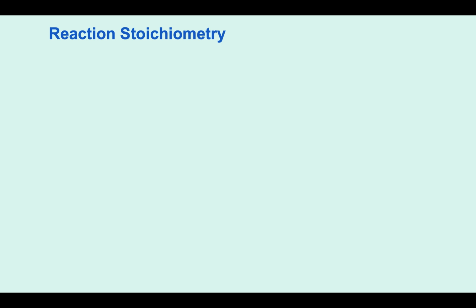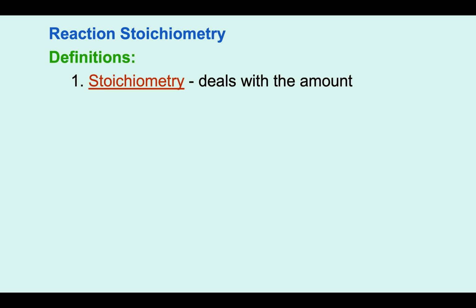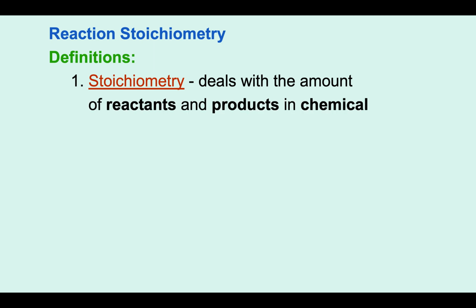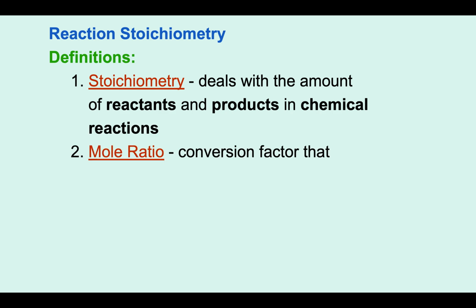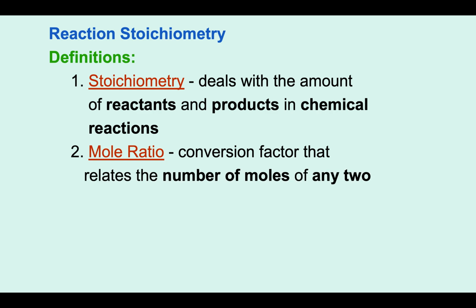So putting together reaction stoichiometry, just to clarify the definition here, the stoichiometry deals with the amount of reactants and products in chemical reactions. The mole ratio is that conversion factor that relates to the number of moles of any 2 substances involved in the chemical reaction.